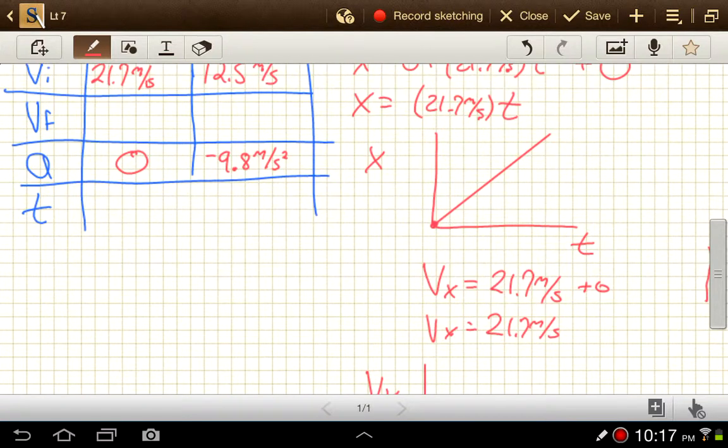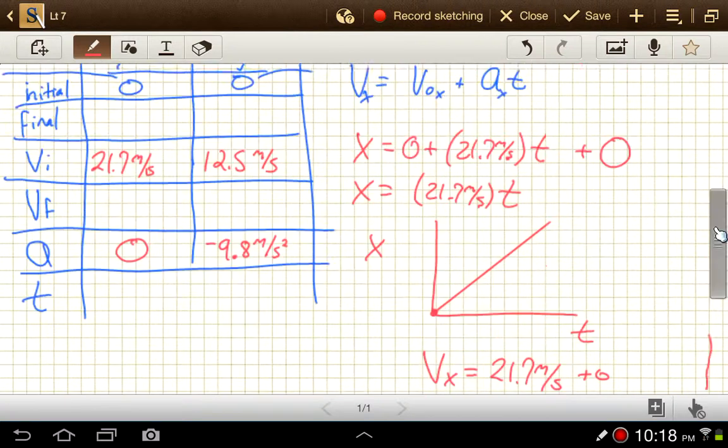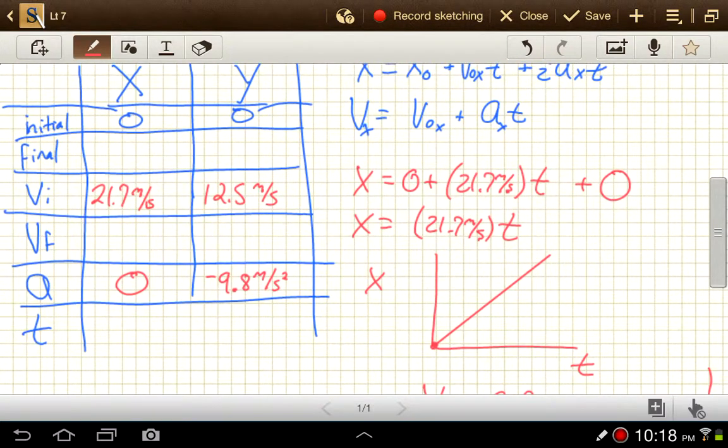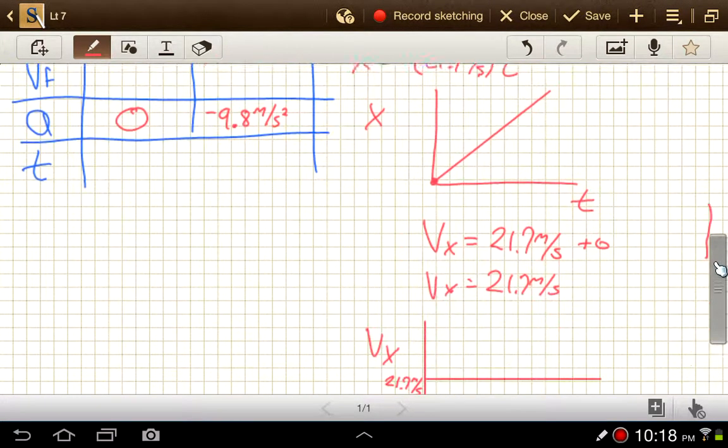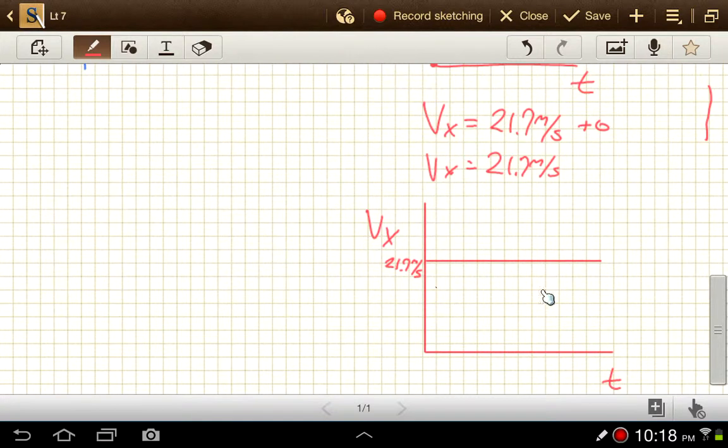The x position is going to be a linear graph with a positive slope in this case. It could be a negative slope if it's moving the other direction. These are not always positive, but always linear, because the acceleration is 0. And here, same deal: because acceleration is 0, velocity is not going to change, so we'll always see a horizontal line for this graph.